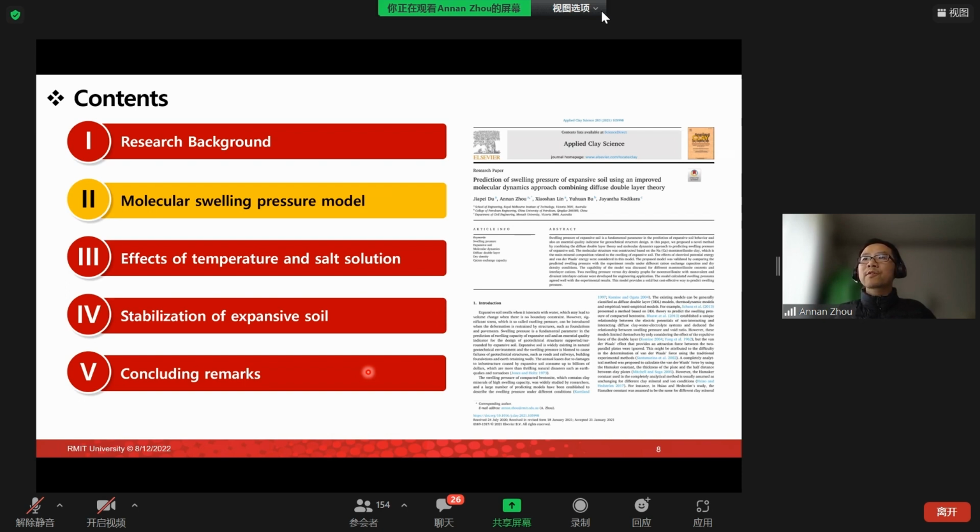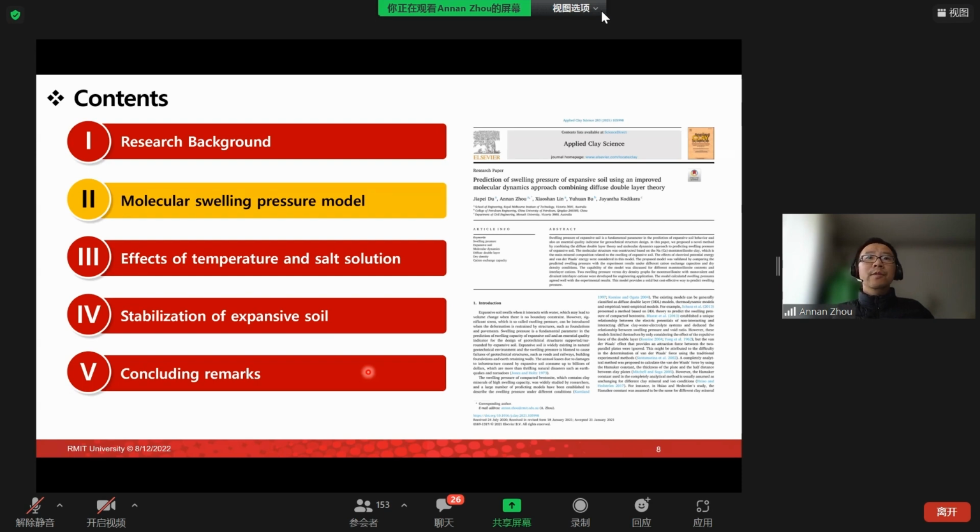Then I will focus on revealing the crucial effect of temperature and salinity on swelling behavior of expansive soil. On the last point, I will discuss the stabilization mechanism of cement-stabilized expansive soil through molecular simulation and nanoscale analysis. So now let's start with the first point, the molecular swelling pressure model.